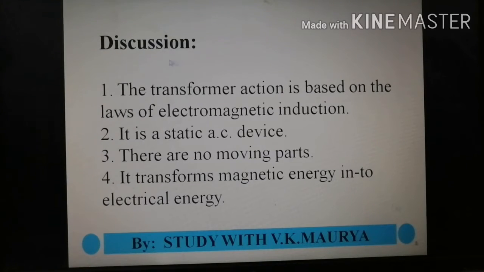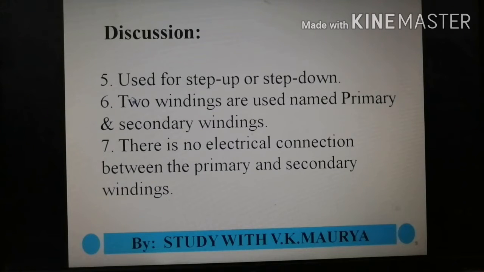Now some points of discussion. Number 1, the transformer action is based on the laws of electromagnetic induction. Second, it is a static device. Third, there are no moving parts. Fourth, it transforms electrical energy through magnetic energy. Fifth, it is used for step up or step down.